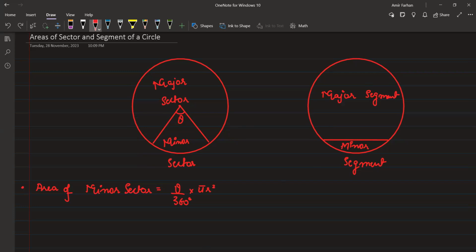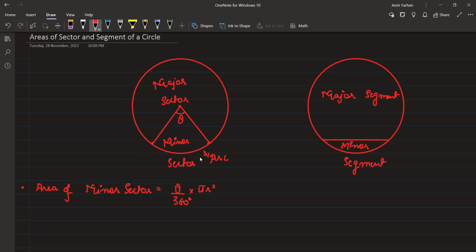So let's do some questions so that you can apply the formulas, because there is no theory in this, okay? It's very straightforward. One more thing is that the length of this part, this circular part, is called the arc.